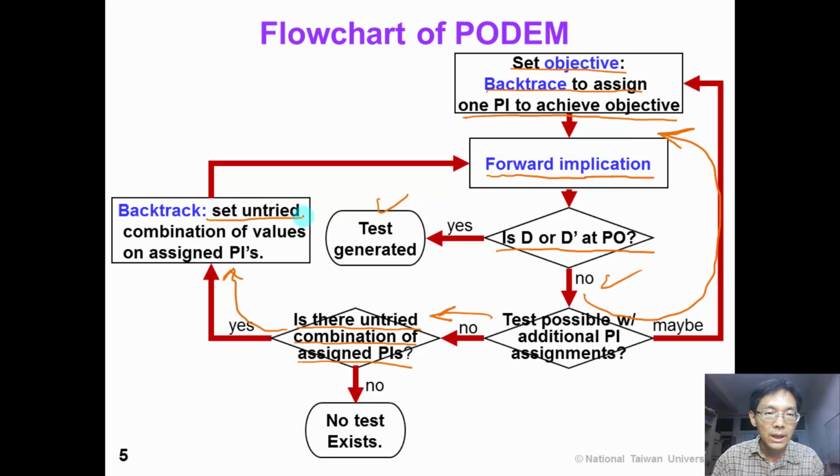That means we set untried combination of values on the assigned input, and we continue to forward implication. Otherwise, if there is no more choice to backtrack, then the test generation fails. So this is an untestable fault. This is a conceptual flowchart of PODEM.